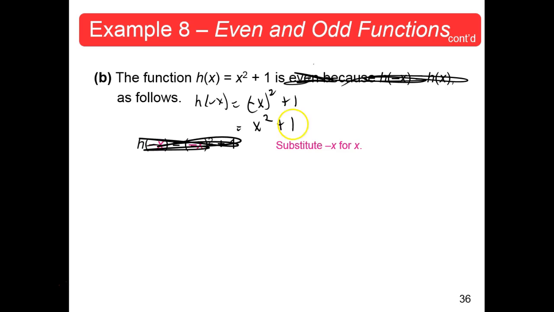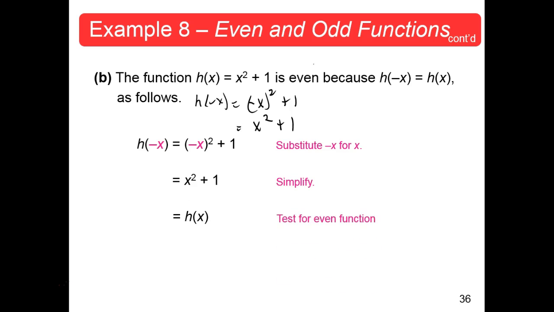And you see it is even because h of minus x is h of x. Here's h of minus x, negative x squared plus 1. That would be x squared plus 1, exactly the same as h of x. Passes the test for an even function.